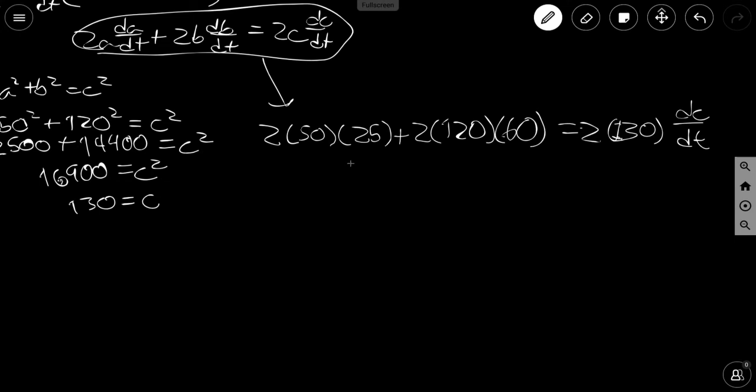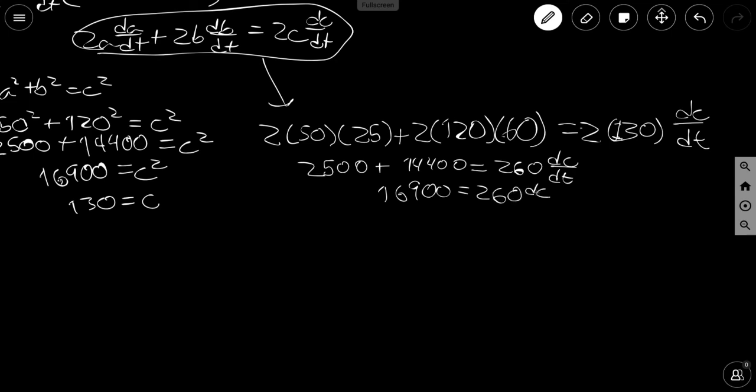So let's go. And then we got our value to be 65 for dc/dt.